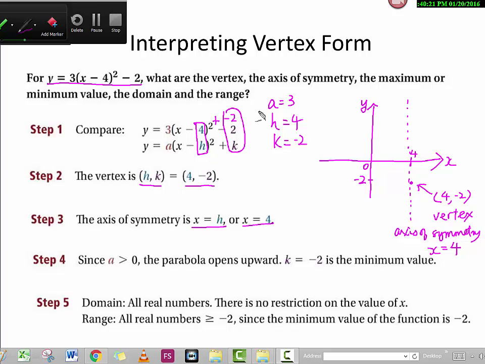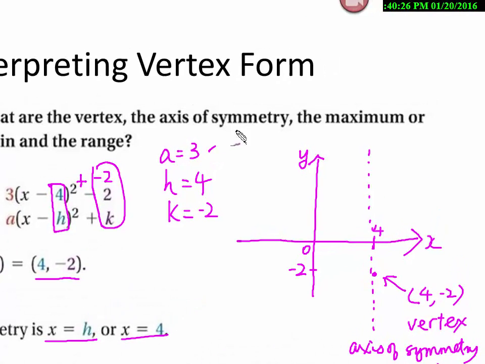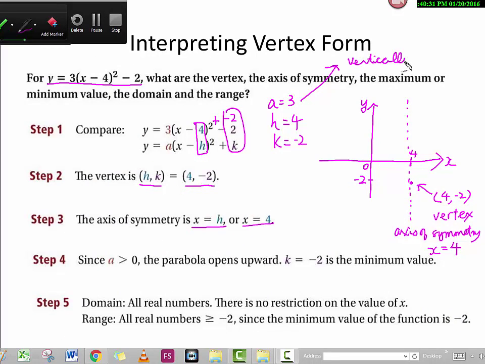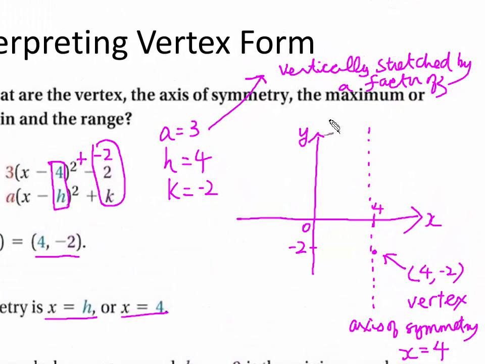And because the a value is 3, we know it's bigger than 1, so it's vertically stretched by a factor of 3. And we also know the sign before 3 is a positive sign. If it's a positive sign, we know it's going to be open upward. Something like this, open upward.